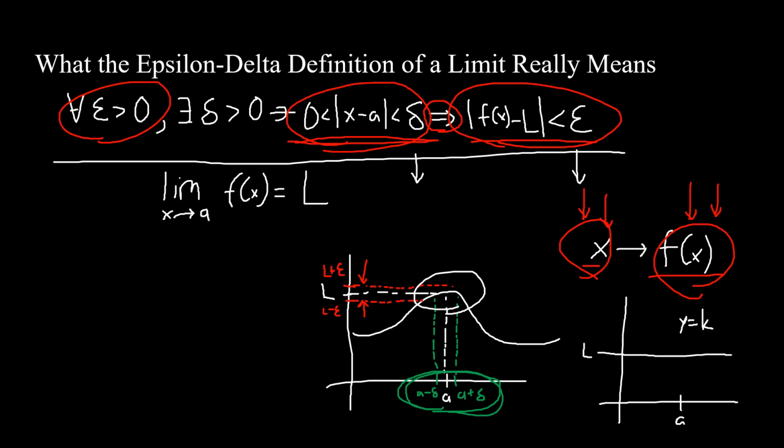But the exception is for constant functions. Because no matter my range of x values, well, guess what? My output stays exactly the same. It doesn't change.